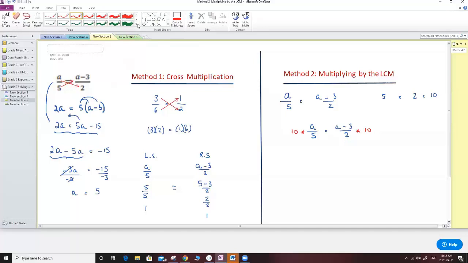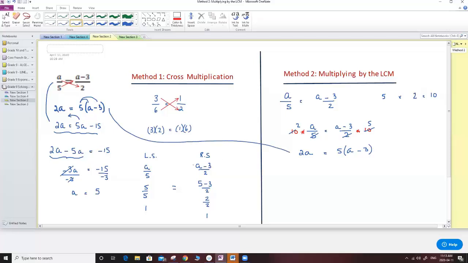So now, can I solve the problem this way? Yes, for sure. 10 I can simplify with 5, and it will give me 2. 10 I can simplify with 2, and it will give me 5. So 2 times a is 2a, equal to 5 times (a minus 3). And you will be surprised that this is exactly the same as this one.